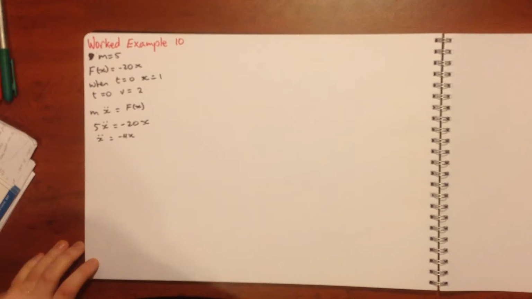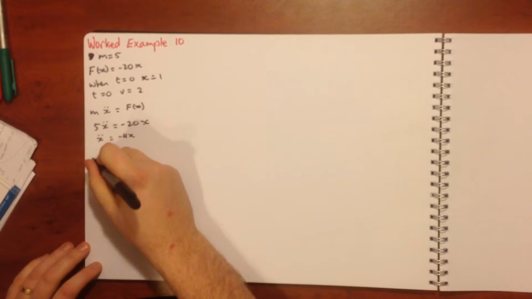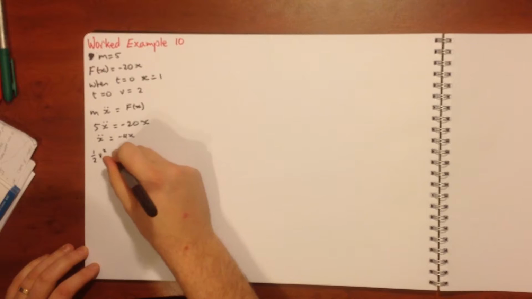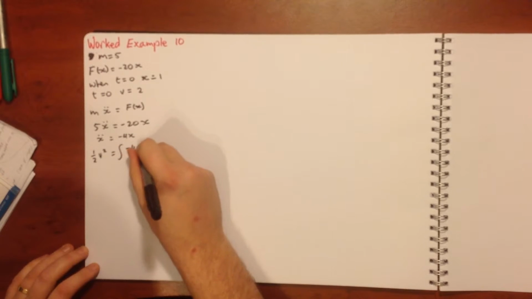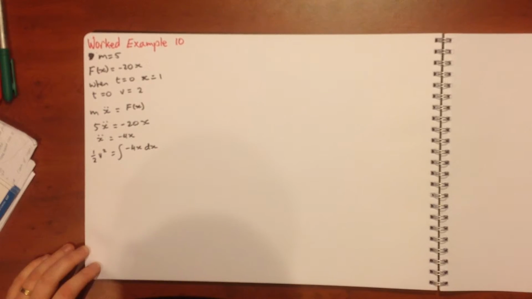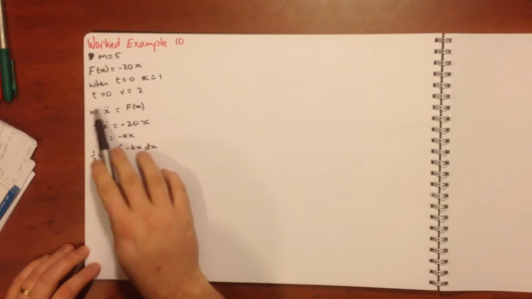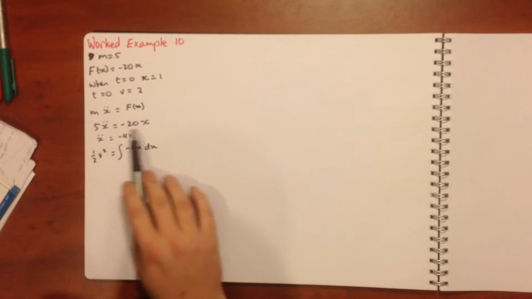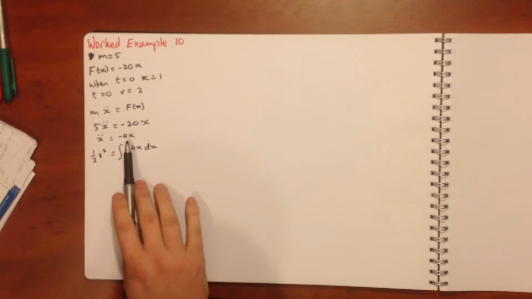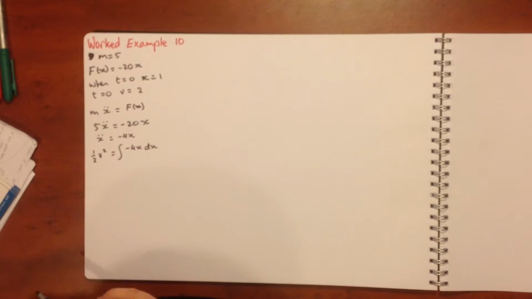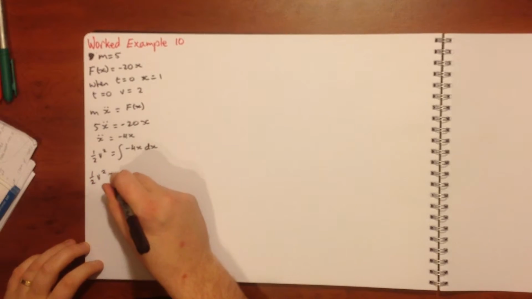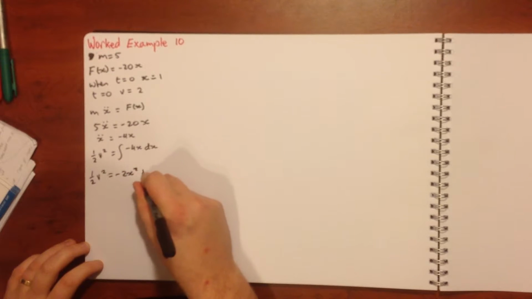And when we integrate that, we can say that our half v squared equals the integral of negative 4x dx. Again, we don't have our 1 on m out the front because we've already taken care of it by dividing by 5 and simplifying. So we can say our half v squared is equal to minus 2x squared plus c1.